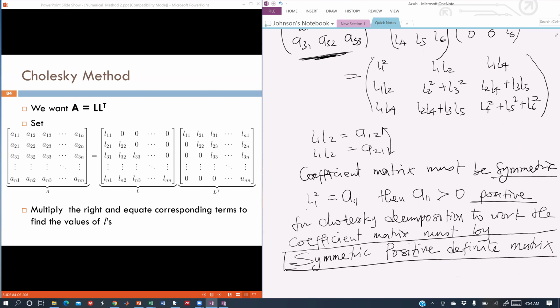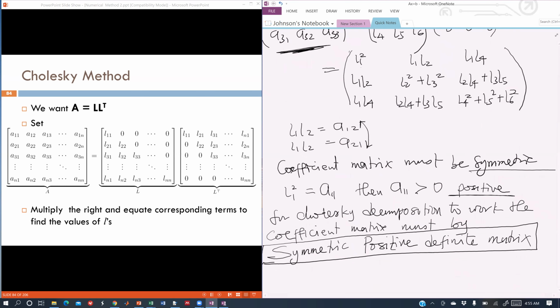Putting everything together, we say that the matrix must be a symmetric, positive, definite matrix. And that is very, very important in Cholesky decomposition. And that is what we're going to look out for in every problem that we're going to solve.